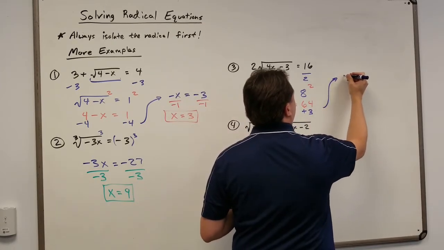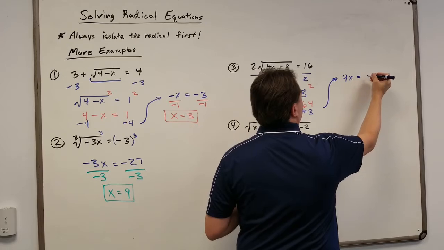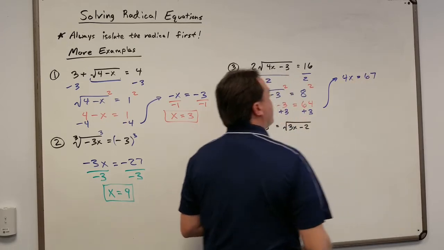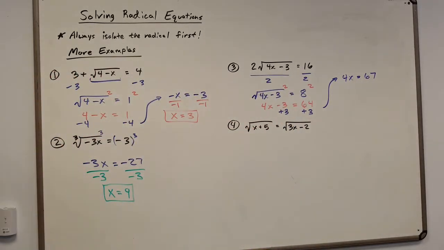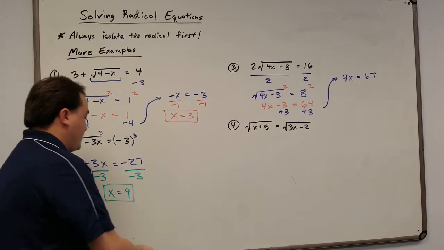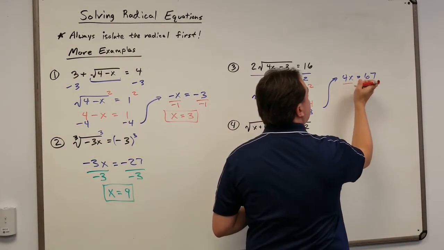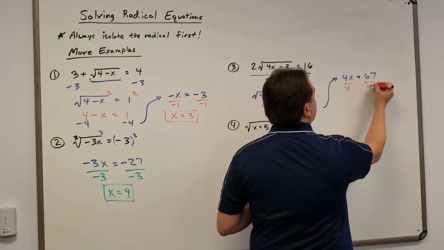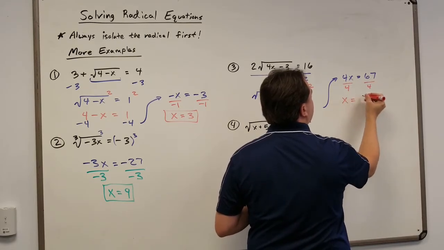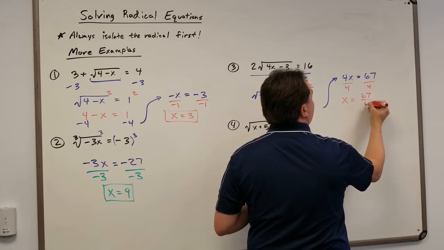So we get 4x equals 67. And then divide by 4. And you can't reduce, so that would be it. So x equals 67 over 4.